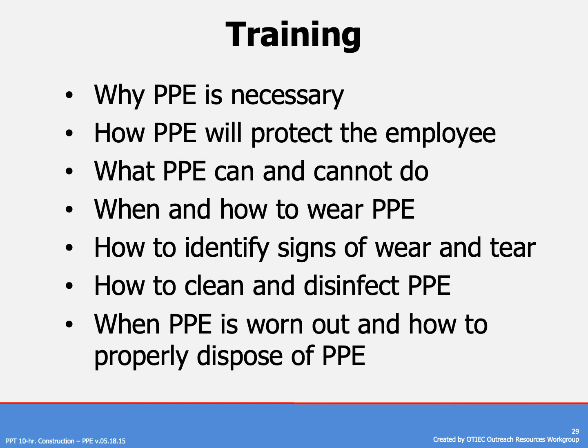For example, if you have a respirator and you're entering an environment that is deficient in oxygen, you need a type of respirator that will provide you air. Having a filtering face piece will not provide you with oxygen. That's an example of what it can do and what it can't do, right? That filtering face piece is designed for a certain type of hazard, whether it's a particulate or a spray or something, but it can't provide you with oxygen.